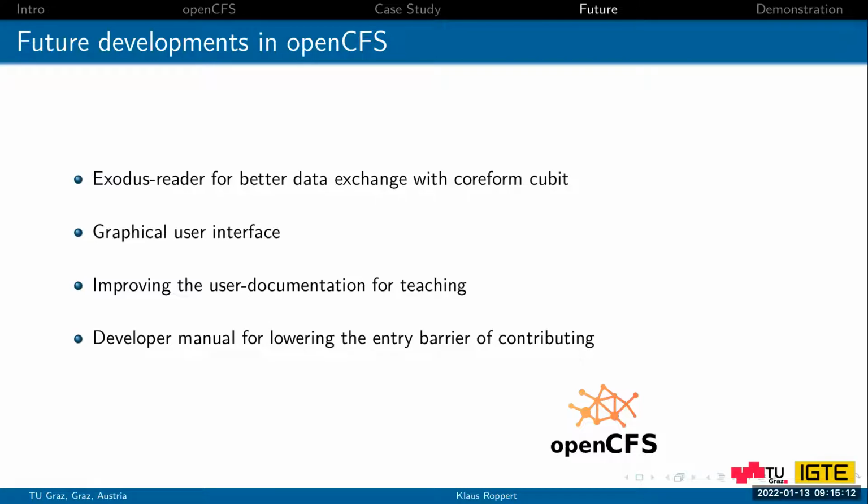So we're currently improving the user documentation. As I've said, it's still a little bit under construction. And we're starting a developer manual to gain some new users and introduce them, and especially to lower the entry barrier of contributing to our project.